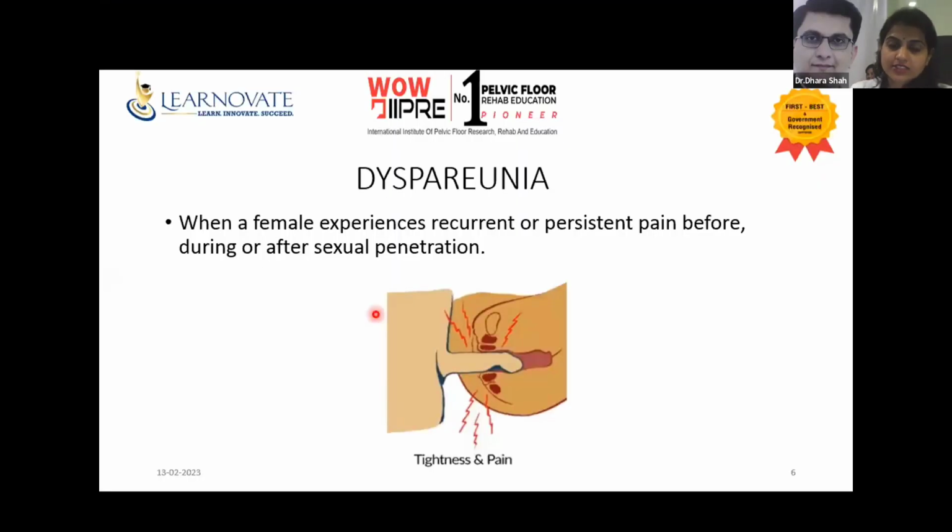Dyspareunia means painful vaginal penetration, or it can be a discomforting vaginal penetration. That is dyspareunia, and that is either during or even after the sexual activity.